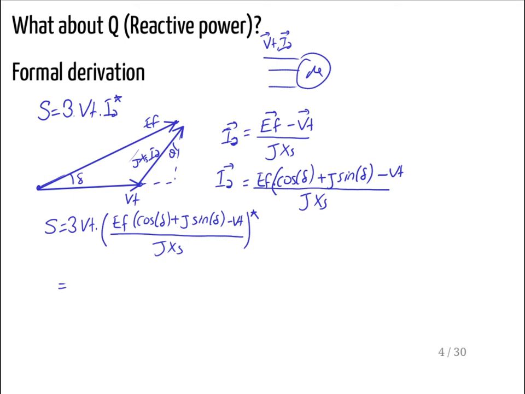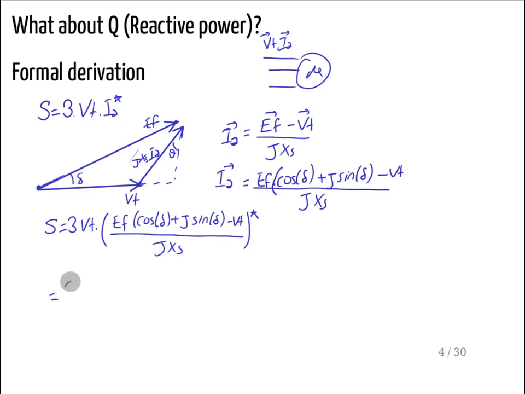Here the real part is divided by jXs, so the part EF times j sine delta divided by jXs, the j's cancel each other. So what I have is 3 Vt times EF times sine delta.